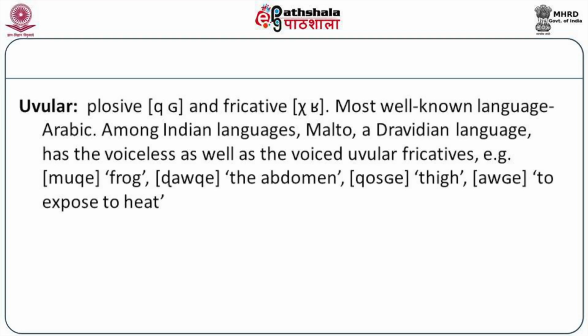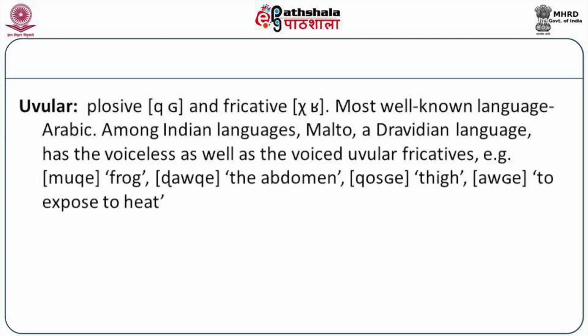The plosives are q and g. These are uvular plosives. I repeat, q and g. And then we have uvular fricatives, namely kh and gh. The most well-known language which has these uvular sounds is Arabic.